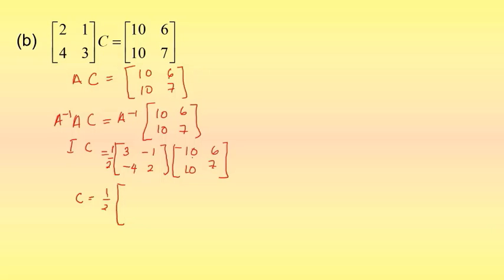3 times 10 plus negative 1 times 10. Okay, so we have 20. 3 times 6 plus negative 1 times 7. So we have 11.